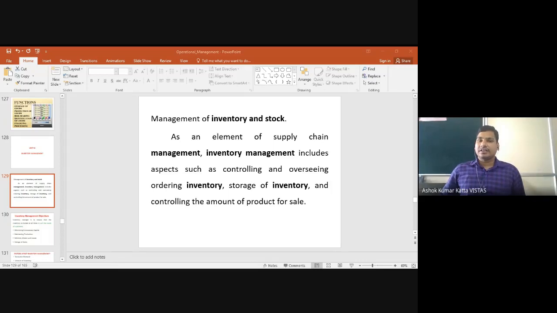In the inventory management process, one important element we talk about is the supply chain management and inventory management. So where can we talk about the role and importance of the supply chain?